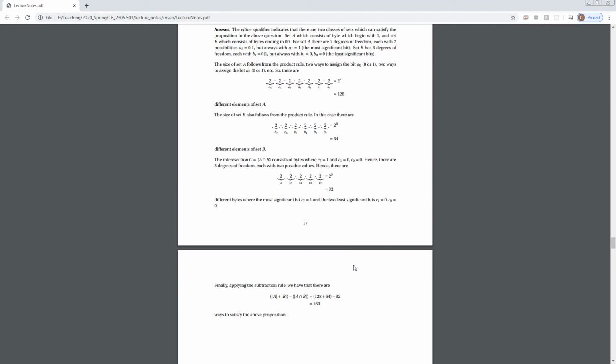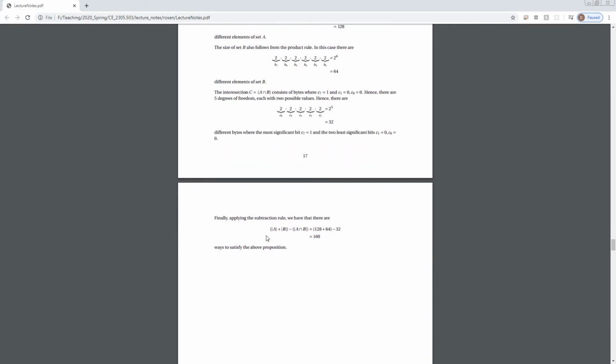Using our rule, we add together the size of our first set and the size of our second set, and we subtract the ways to satisfy this proposition which are common to both. So it's 128 plus 64, the size of set A plus the size of set B, minus the size of their intersection.